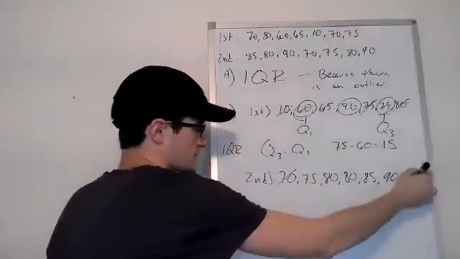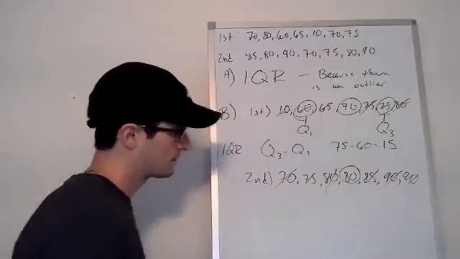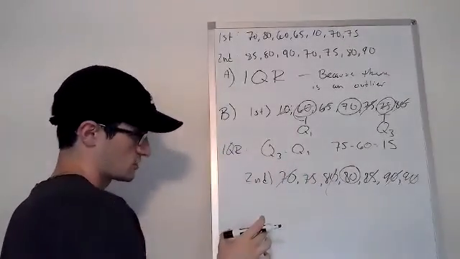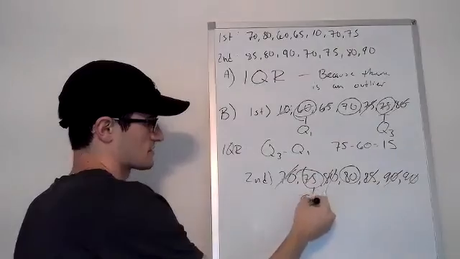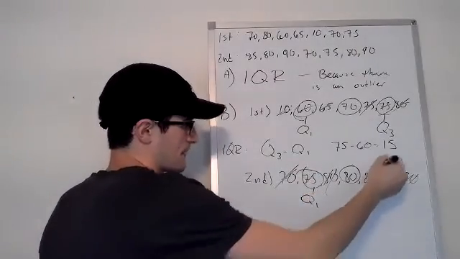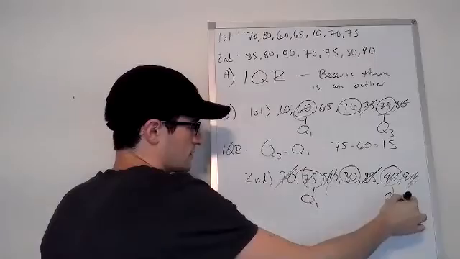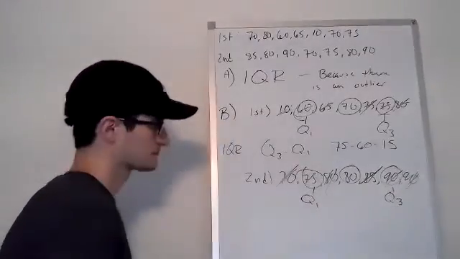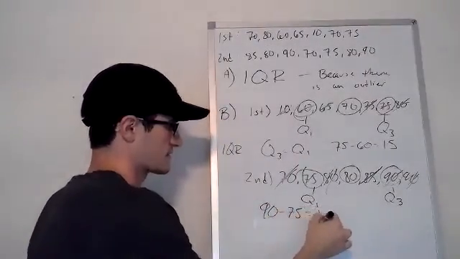So we cross the first, last, find the middle. Do it on the left, do it on the right, cross those. That gives us Q1. Cross those, that gives us Q3. So now we have 90 minus 75 is 15.